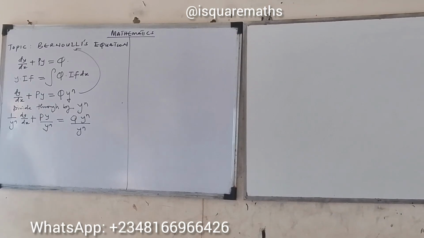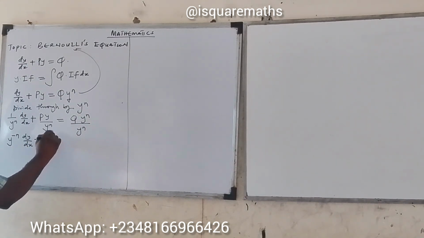Now looking at this, 1 over y^n is the same thing as y raised to the power of minus n. Then here we have dy/dx plus, this will be p y raised to the power of 1 minus n.